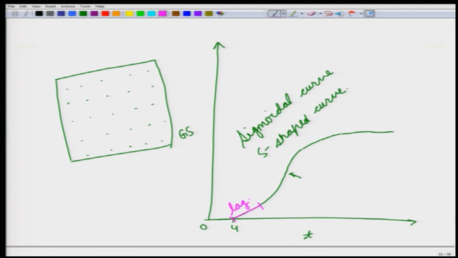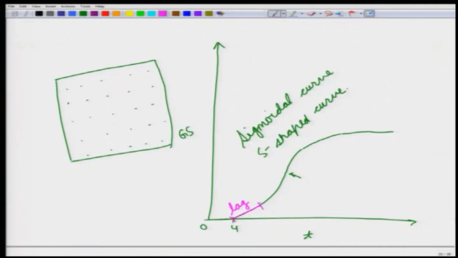Now, in the lag phase the growing stock is increasing, but it is increasing at a slow pace. So, it is increasing very slowly. Next, we will have an exponential phase, also referred to as a log phase.